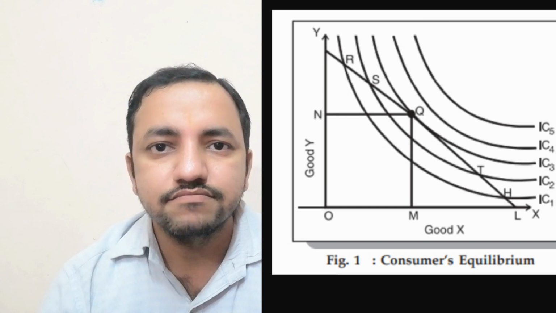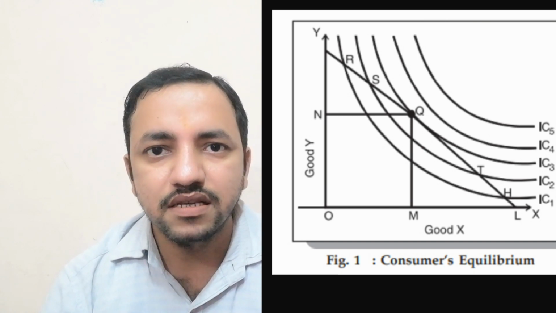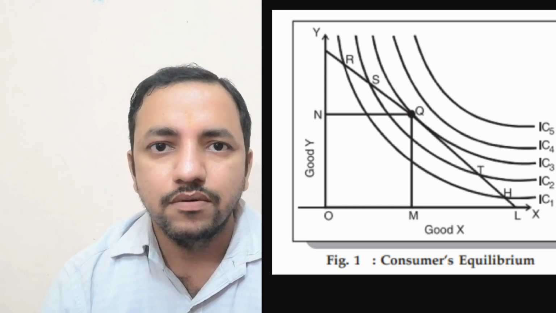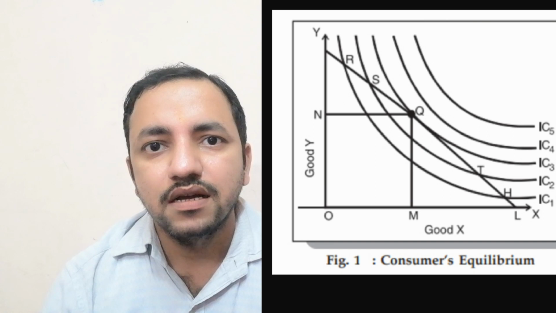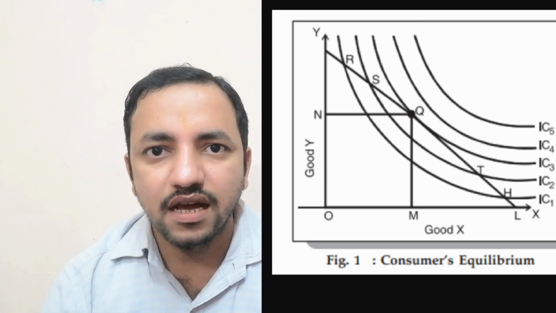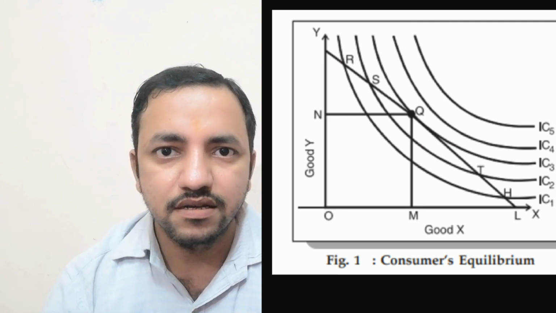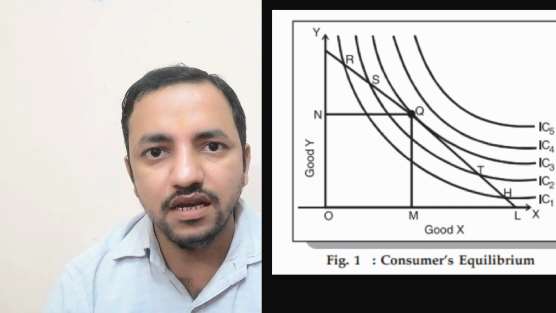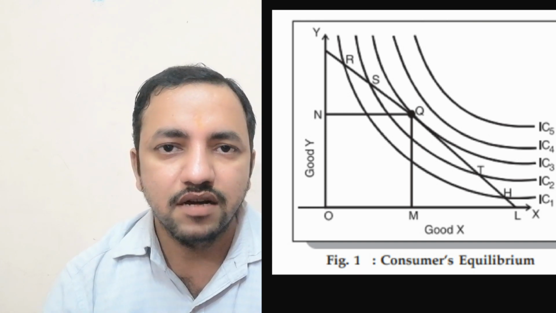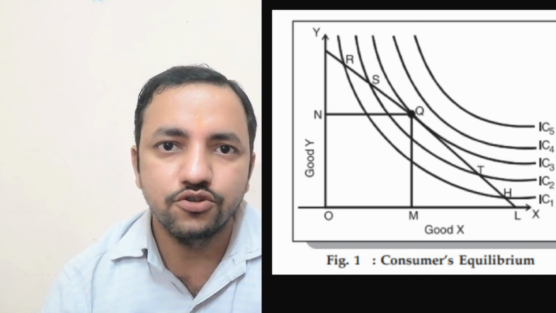Similarly, S and T both combinations lie on IC2. These both combinations S and T can also be purchased with the same budget, but the consumer still would not buy these two combinations because these combinations provide less satisfaction to the consumer.